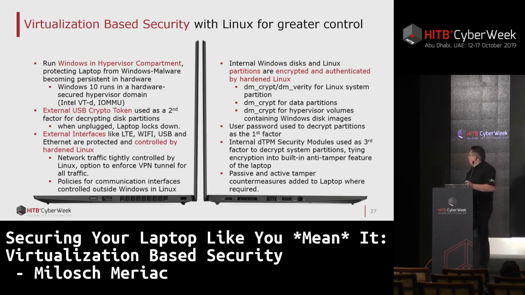So what we have now is essentially this hypervisor compartment, and the latest CPUs have this feature called VT-d. It's a virtualization that allows pass-through of the graphics card. So I can pass through the graphics card to my virtual client, and I lose negligible performance from that, which is pretty cool. And the IOMMU protects me against other devices that might try to perform DMA access.